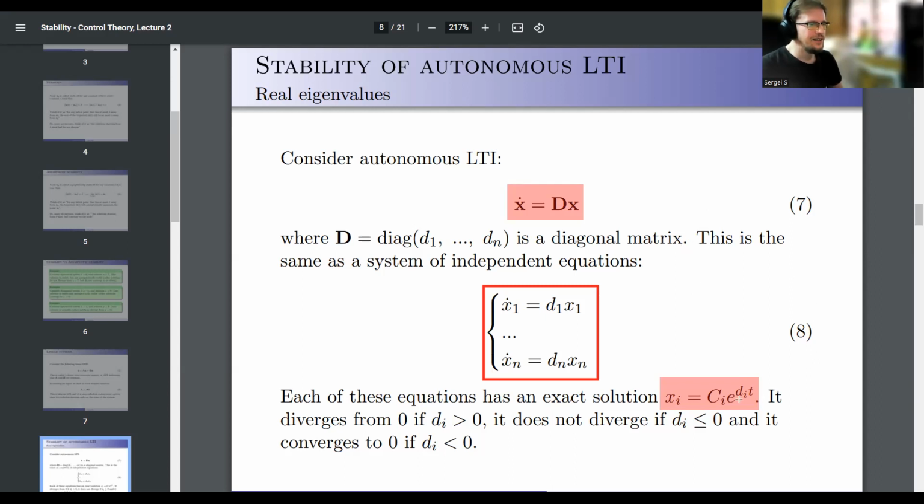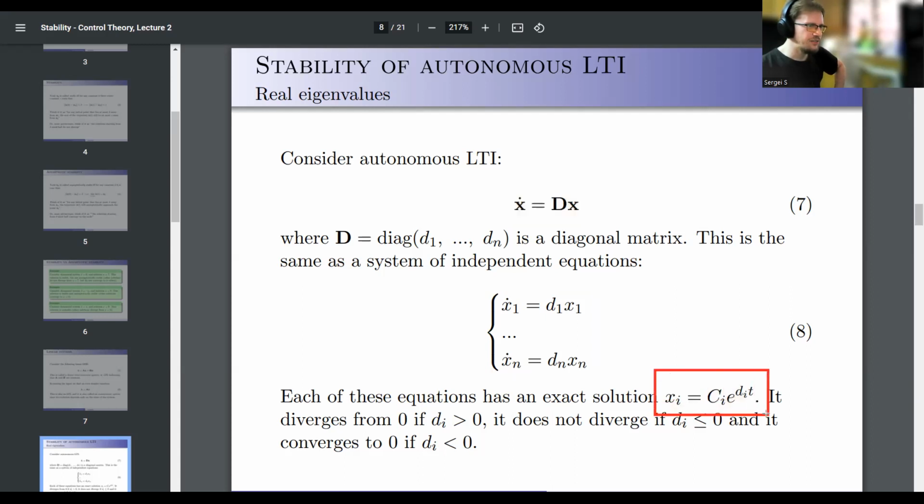All right. Now, what we have here is just the solution to this equation. And if we want to understand if x equal to 0 is stable, we need to see if anything diverges. If we look carefully at what we have written here, let me emphasize it again.